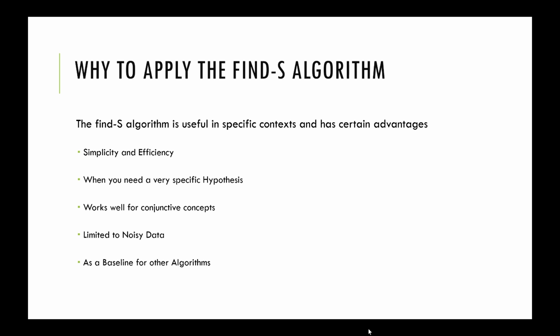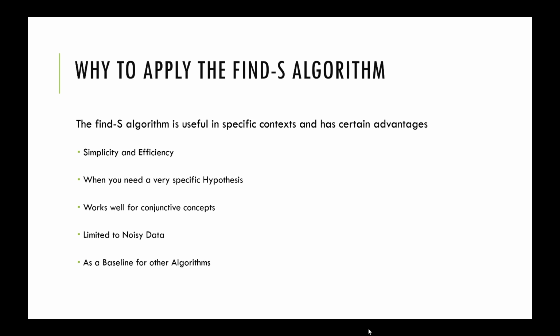The operation is very efficient as it iterates through the data set once and produces a hypothesis immediately. Once we consider the first record, we compare it with the previous one, and we immediately give the hypothesis. It does not require much computational power or complex data structures. That's why I'm saying that it is simple and efficient.